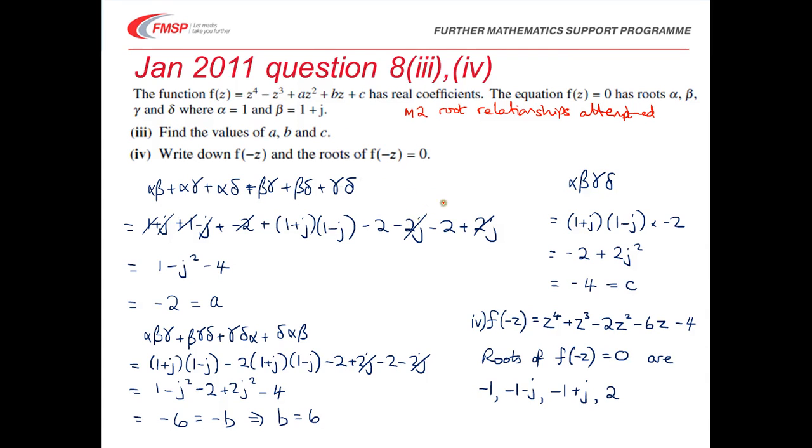Two marks for evidence of all 3, 1 mark for evidence of 2 being used, or substitution to get 3 equations. For then following through, there's just an answer mark, an accuracy mark for each of the values A, B and C.